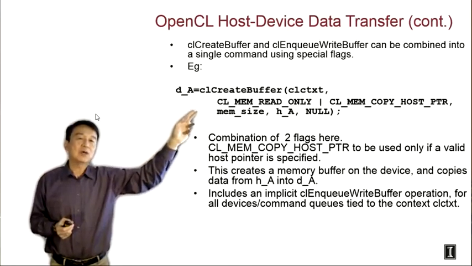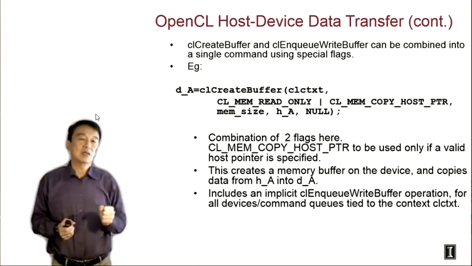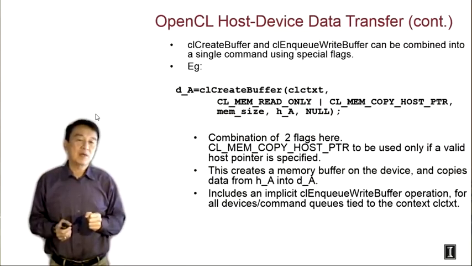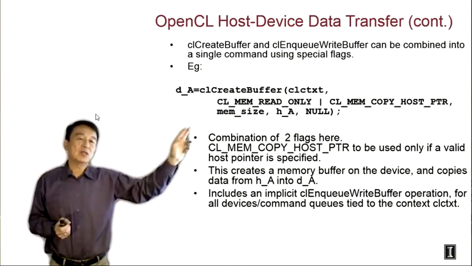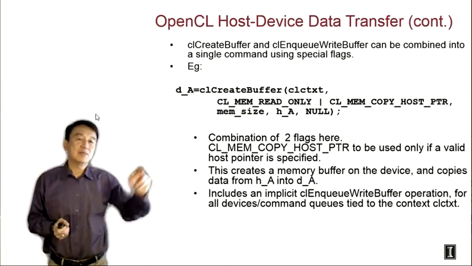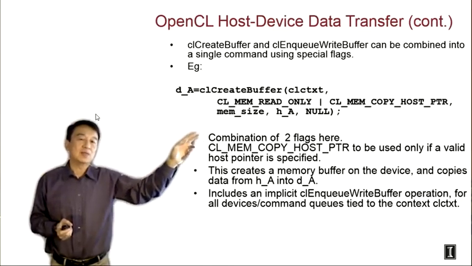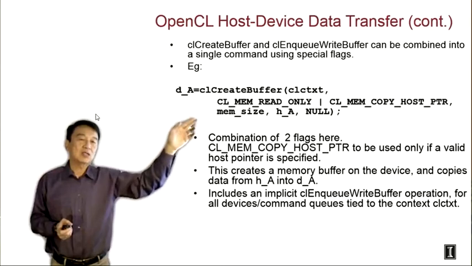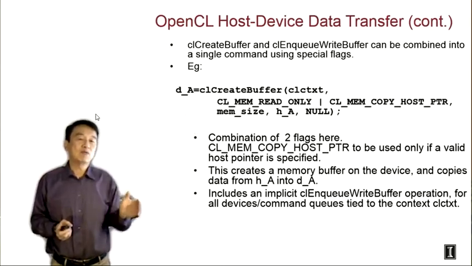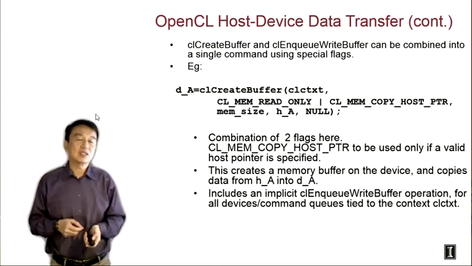In this example we use the clCreateBuffer command, but in the device access flag, we not only say CL_MEM_READ_ONLY, we OR it with another flag, CL_MEM_COPY_HOST_PTR. You need to provide a valid pointer to a host memory area, here h_A. Then the runtime will take this command and perform both the allocation and the data transfer for the device memory.